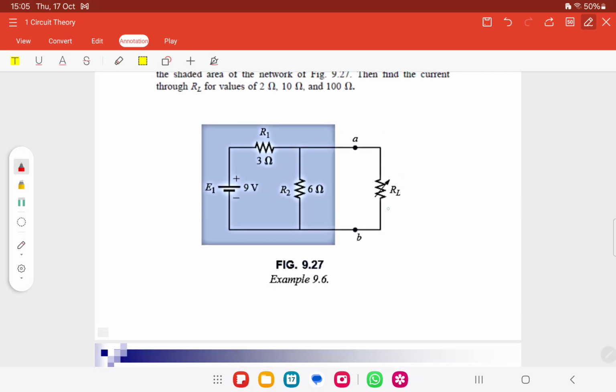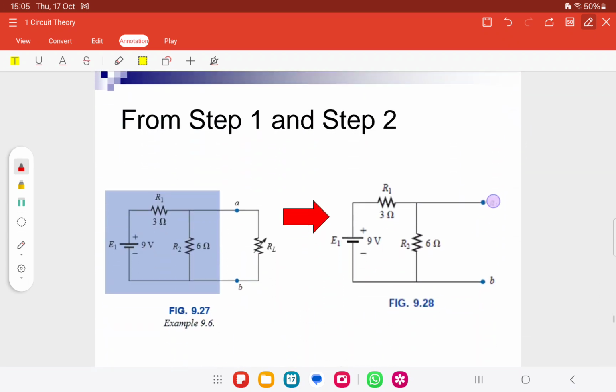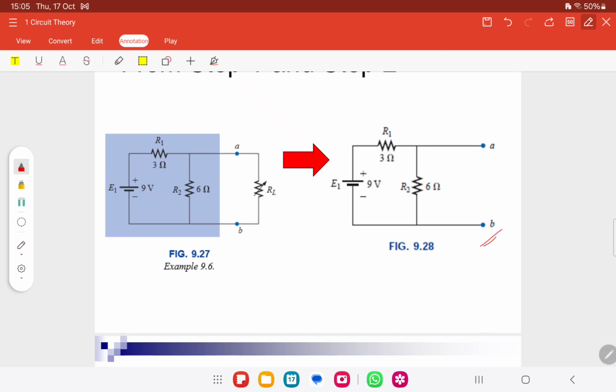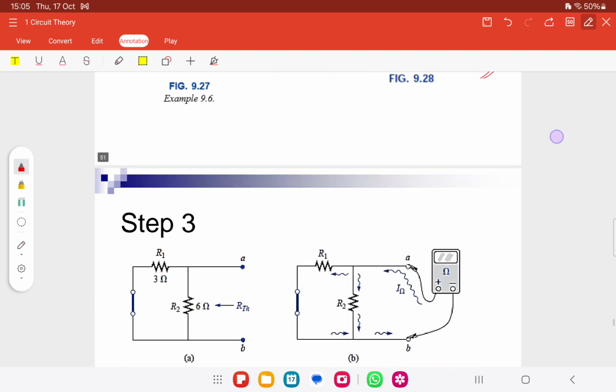Okay, so RL is the one yang kita buang dulu. Tarik pergi kat belakang. So sini is open, VTH kat sini. Settle step number 1 and 2. Ni lah. Buang dulu this one. So consider is A and B. Normally in the question dia akan mention at point A and B. Okay, so kena ikut the point lah.